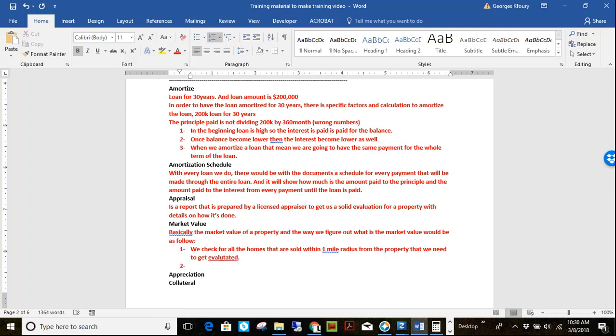Two, the properties that we pick that are sold have to be almost a match to our property.